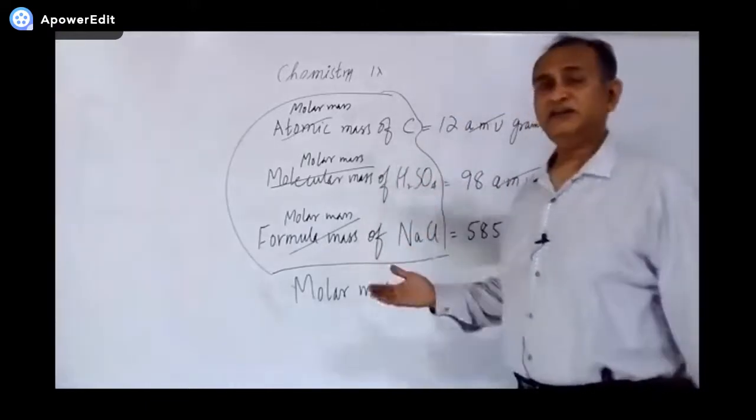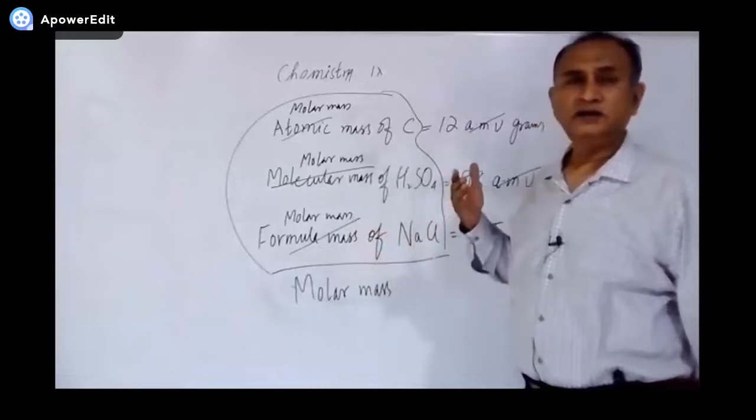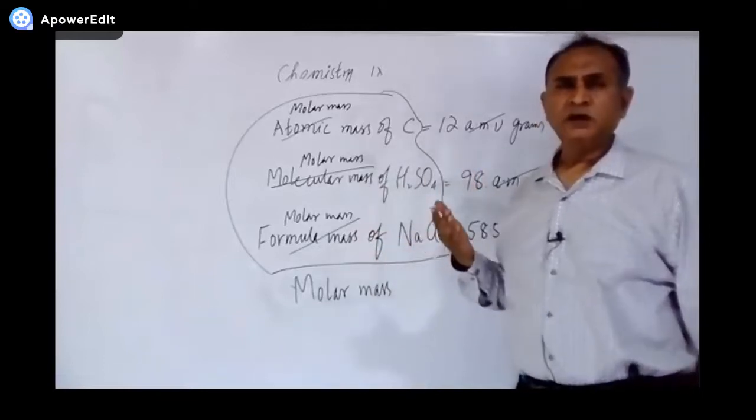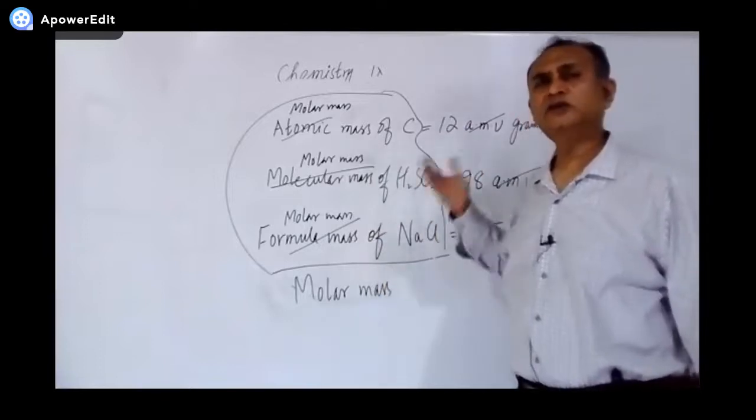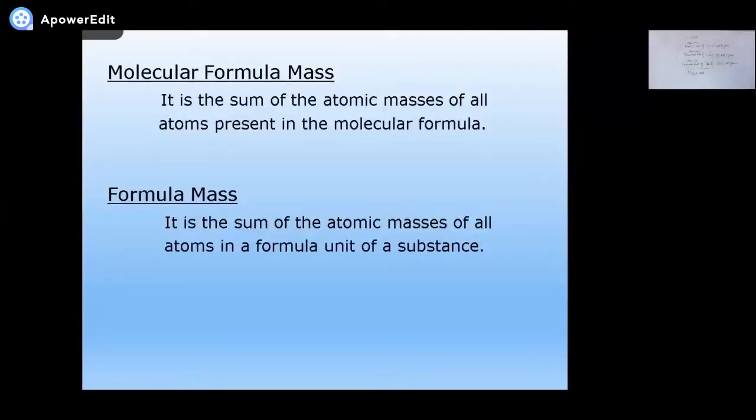We'll still practice it more, and I will solve the questions from the exercise of chapter number 2 on the board. All of these definitions are written in your book. Go through the book and see what is there and what is not.